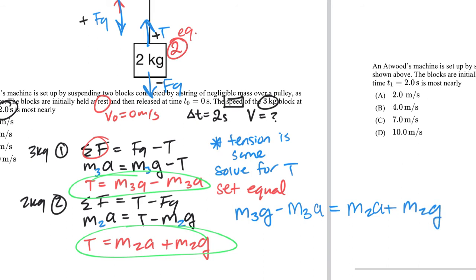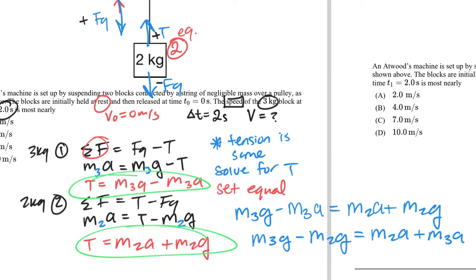So from here, I'm going to get my accelerations all on one side and my gravities all on the other side. So let's do that. We're just going to rearrange again. So we're going to have m3g minus m2g equal to m2a plus m3a, just rearranging.